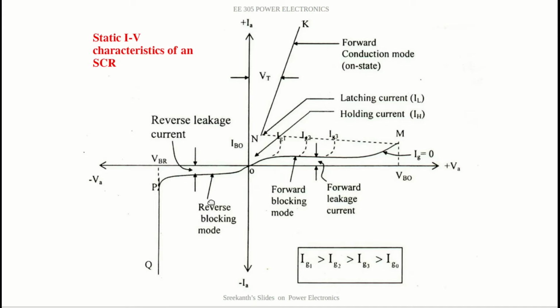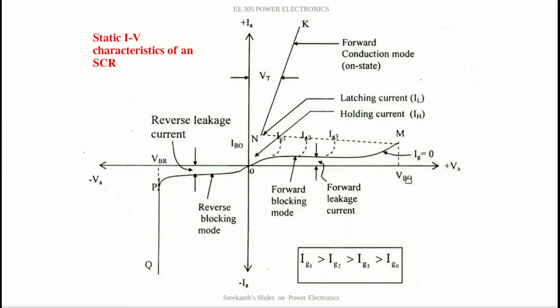This part is known as reverse blocking mode. This part is known as forward blocking mode. The amount of current that is flowing during that time is known as forward leakage current.